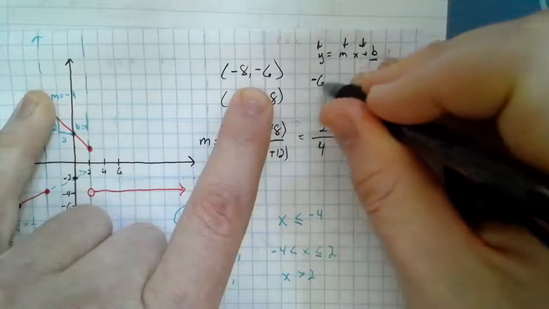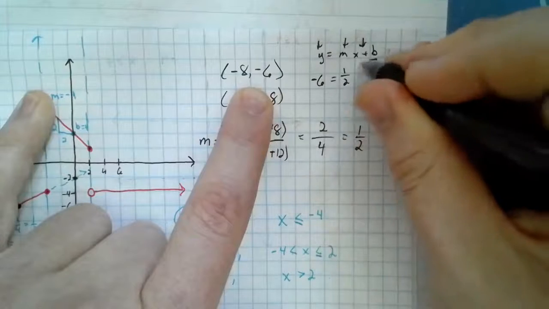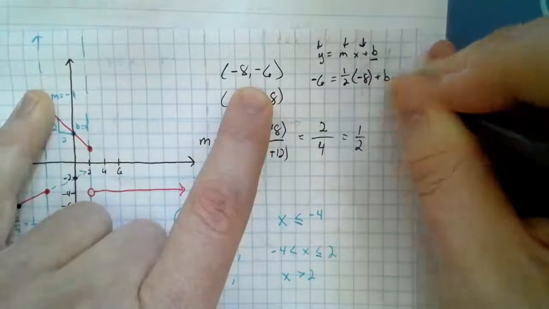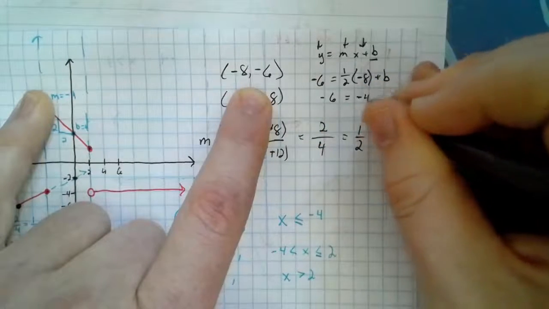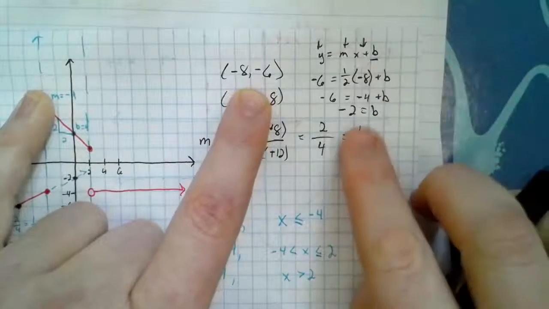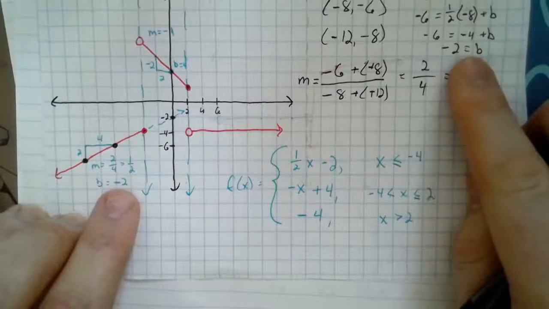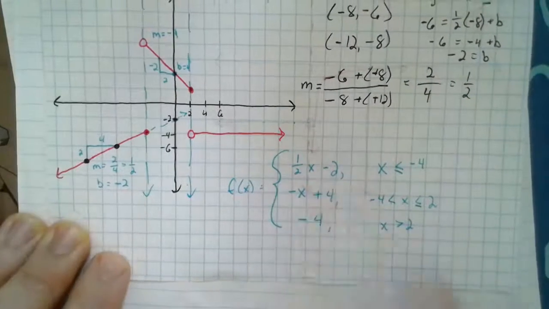Y equals -6, m we just found is 1/2, and x is -8 when y is -6. Well, half of -8 is -4. Add 4 to each side, and you get -2 equals b. Again, this is the same thing we got over here. So we just verified b, we just verified m. We know that our equation 1/2 x minus 2 is correct.